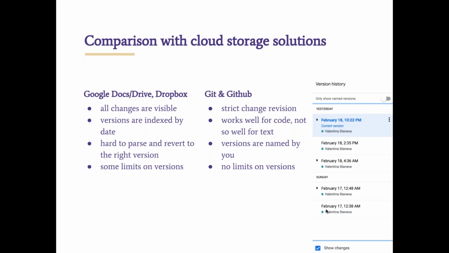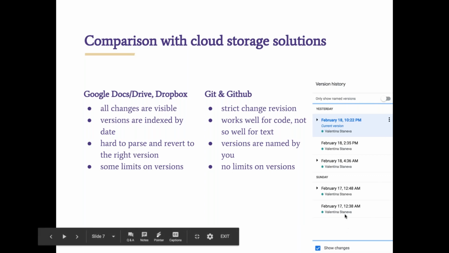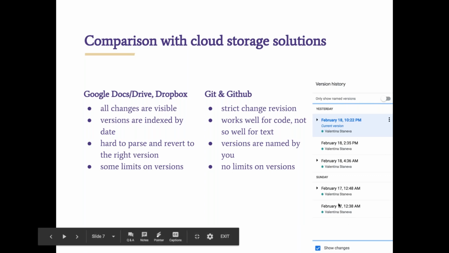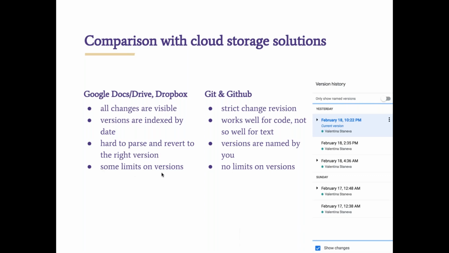So if you have a lot of changes, at some point you have a very long list of all these changes. If you remember which version you want from which time, that's nice. But if you don't, it's a little bit hard to parse, because you have to know exactly which time this thing was changed. And also there are some limitations on how many versions. Sometimes they just allow you to have 1 month backwards, so you don't have the older versions.